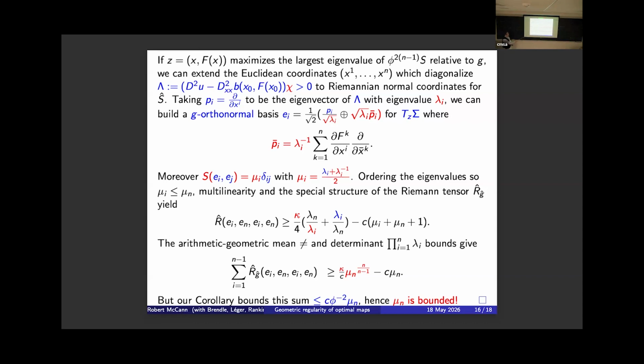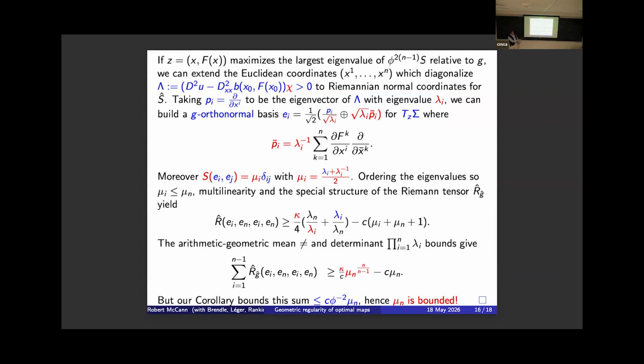And so when you do this partial trace, what you get is mu n to this extra power, n over n minus 1, slightly larger than 1, and times we had this product, this trace was bounded below by kappa. And then there's constants, these universal constants, minus the mu n's, the largest of the mu i's.